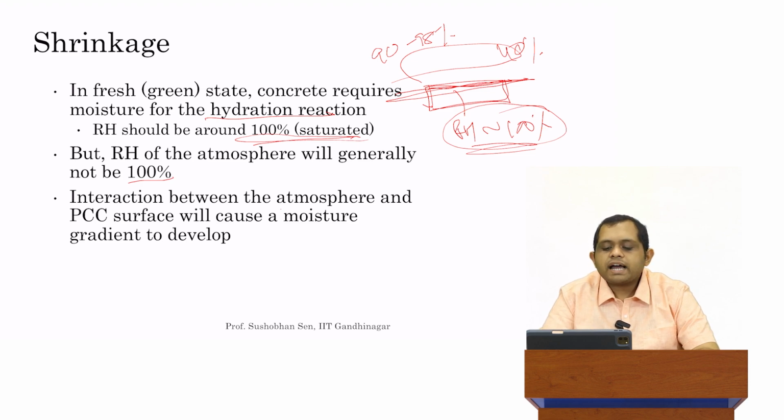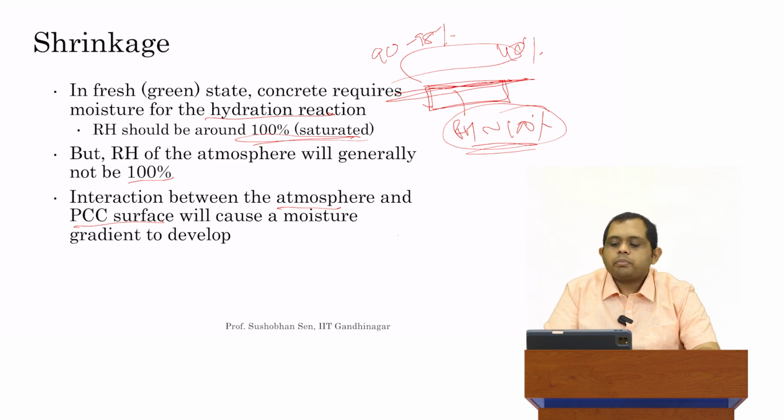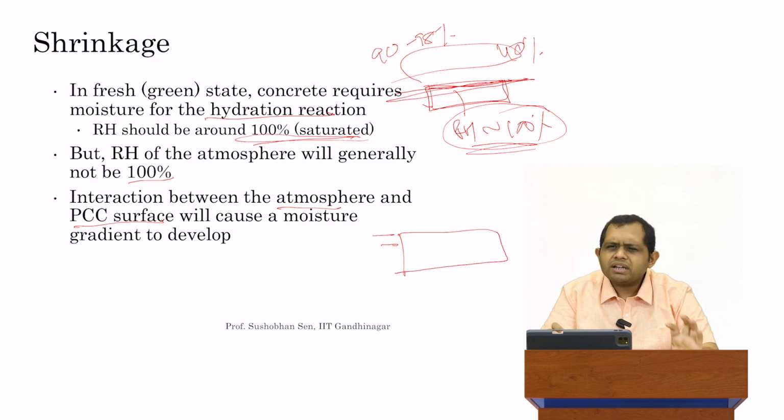The interaction between the atmosphere and the PCC surface will therefore cause a moisture gradient to develop. What basically happens is that very close to the surface, a very thin distance, maybe 25 to 50 millimeters, but a very short distance into the surface, below that you're going to have an RH of 100%. Exactly at the surface, you're going to have an RH equal to the ambient, let's say it's 90%.